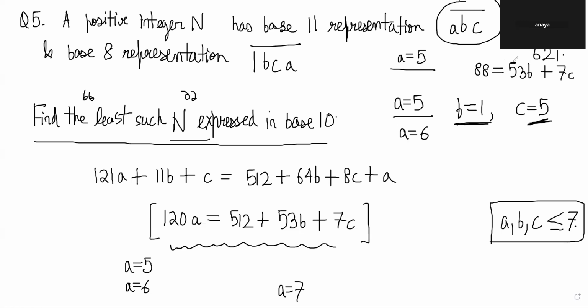How can 621 be smaller than 515? No, I was saying 621 is the base 10 representation. What is the question asking you? Find the least n expressed in base 10. So how is it 621?